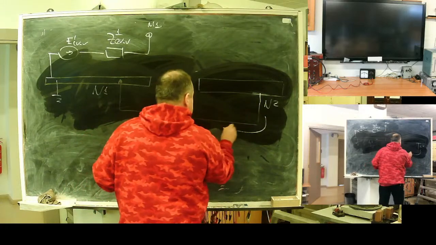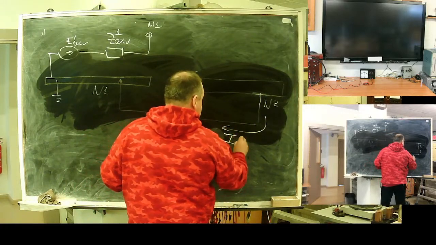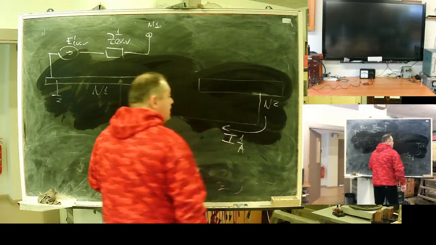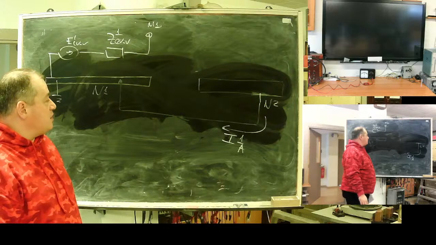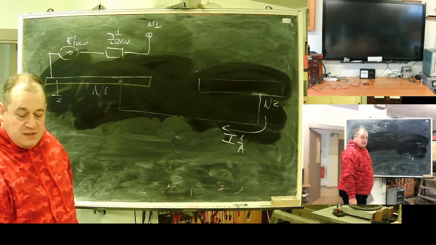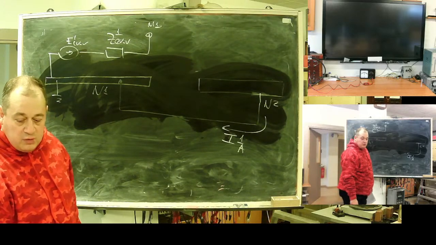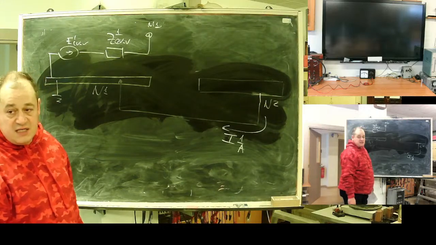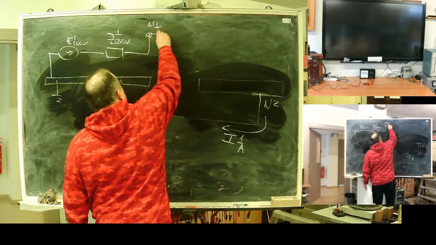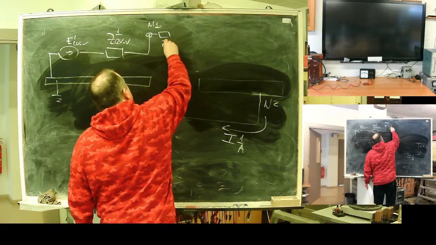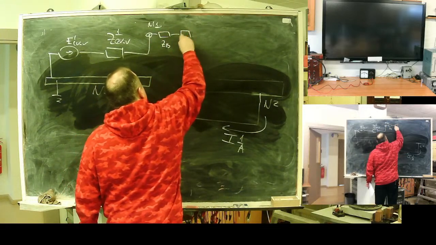Here flows the direct sequence current of the A phase. I'm considering a BC fault, but this schematic corresponds to the A phase. Here will be my B. It's equal.